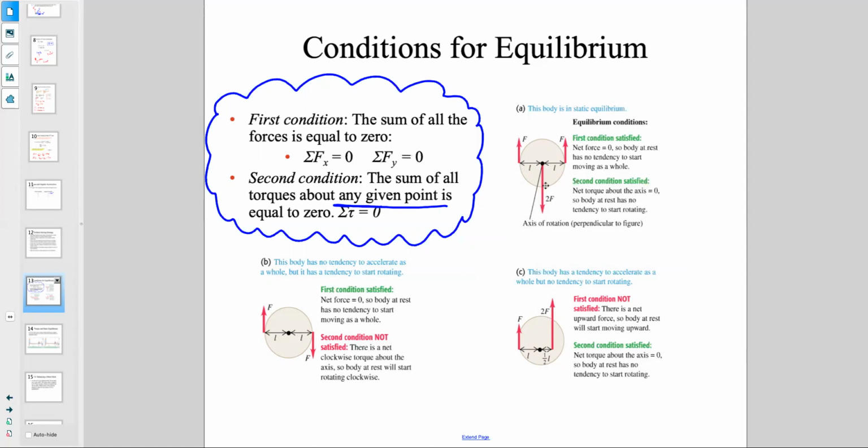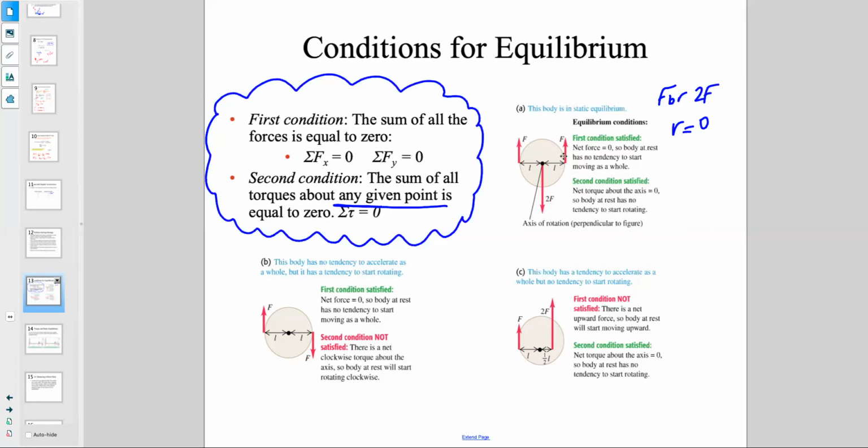At the same time, this 2F is not applying any torque because the R is 0 for this force 2F.